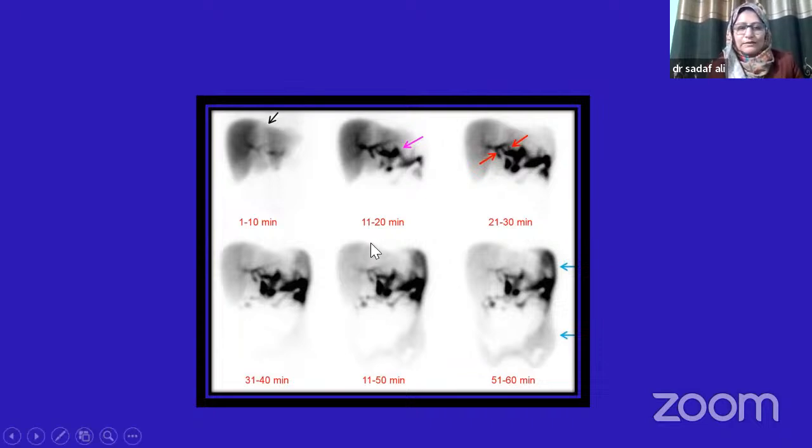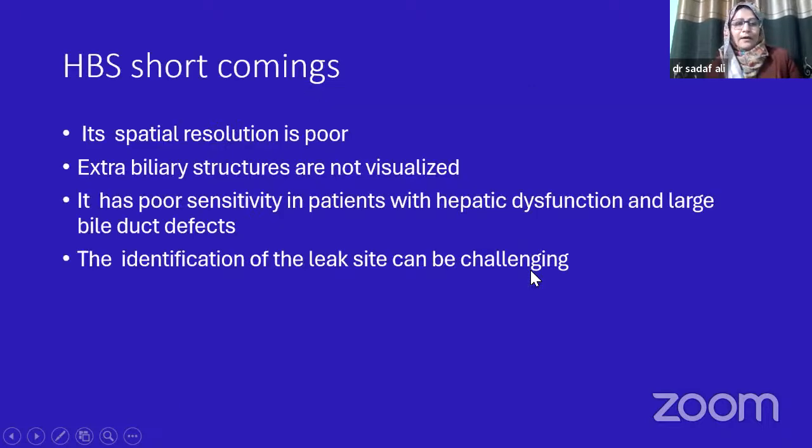And this is hepatobiliary scintigraphy, which shows that there's a leak, and with subsequent time the leak is active and it shows you that the whole lot of collection in this area is a biloma. The shortcoming is that it does not have any spatial resolution. There's no clue about the extrabiliary structures.